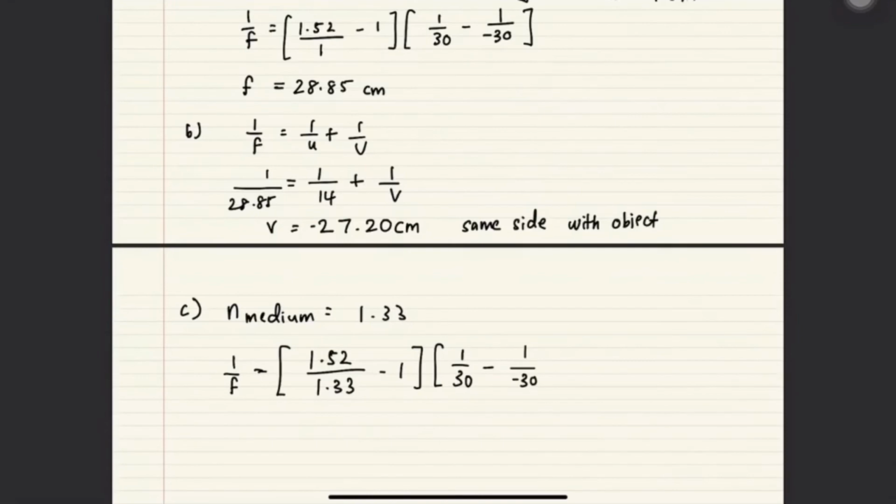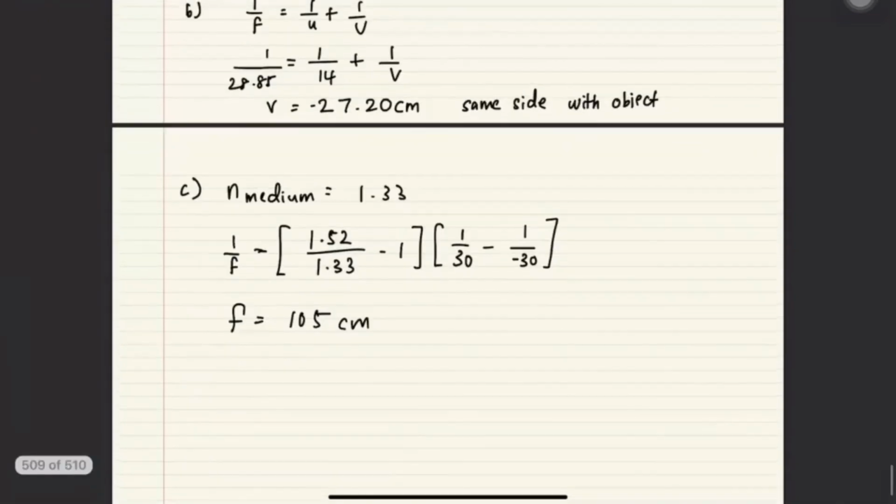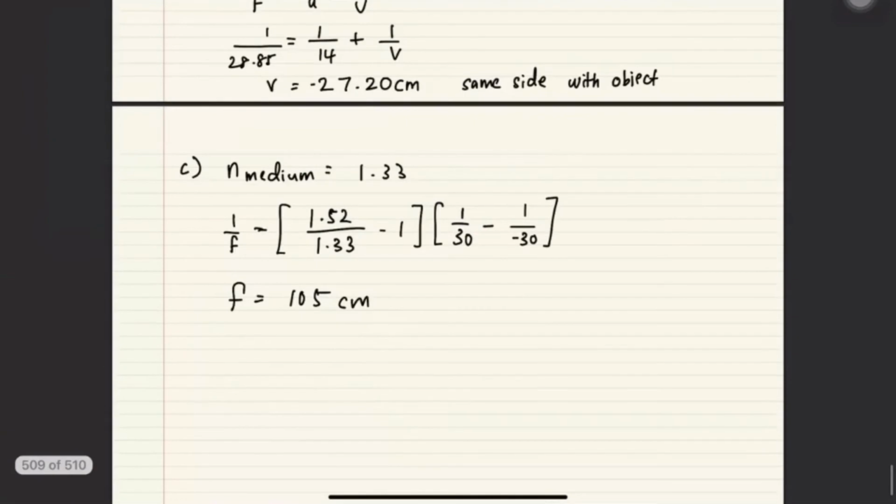1/15. We got F is equals to 105 centimeter. Okay, still positive. So U is 14.